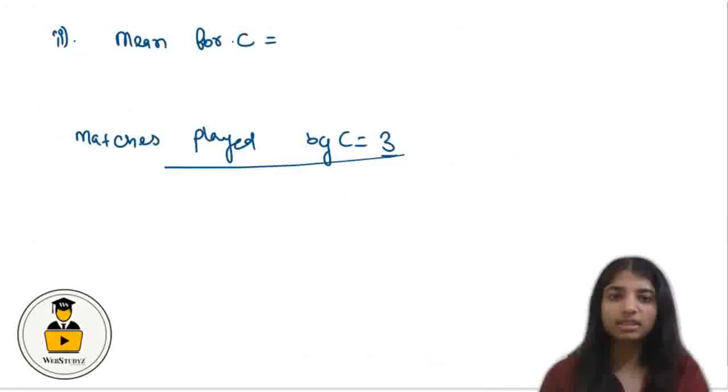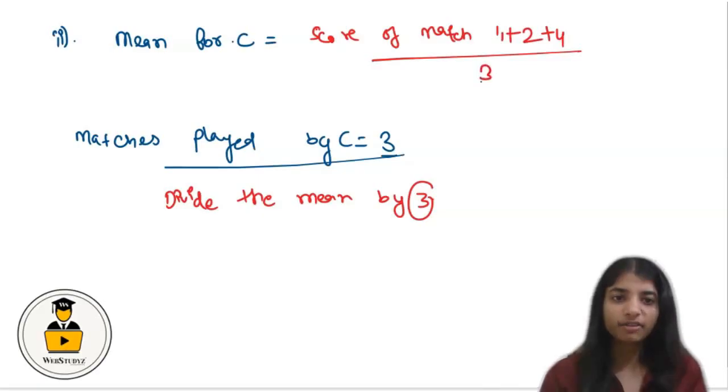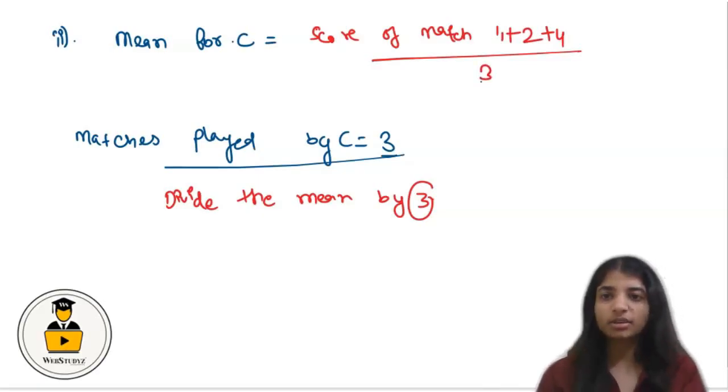As we just discussed, he played only 3 matches, so we divide by 3. The mean for C is equal to the score of the first match plus the second plus the fourth, as he did not play the third match, divided by 3. This is the answer to the second part.